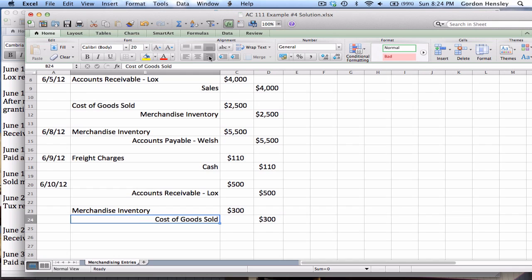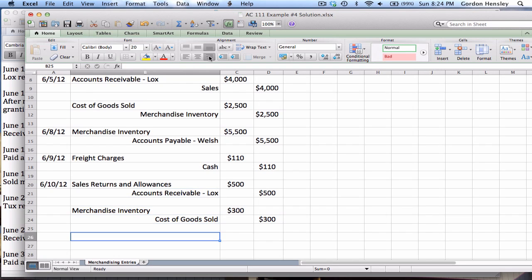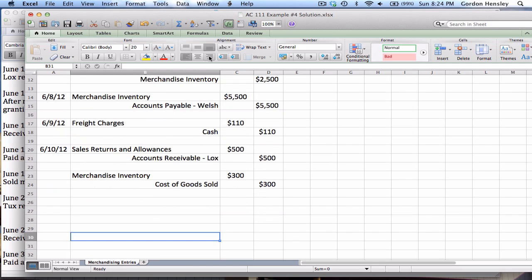So if you look at it, this is an exact reversal of this entry, and this is almost an exact reversal of that entry. So the only other thing I have to figure out is the debit title for the $500. Well, remember, we have a special account set up just for situations like this, and it's called Sales Returns and Allowances. So that's the proper way to record that return on that merchandise.